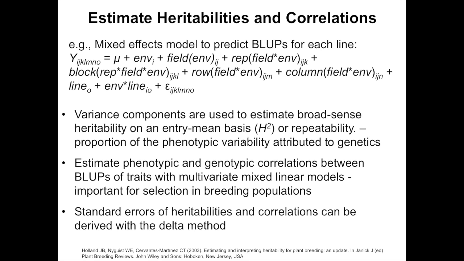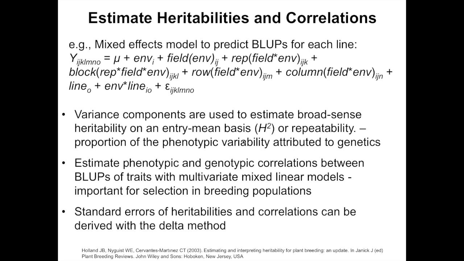And to calculate the variance components, you can use the same mixed models that we talked about previously, but all of the terms need to be random so that you can derive a variance component.